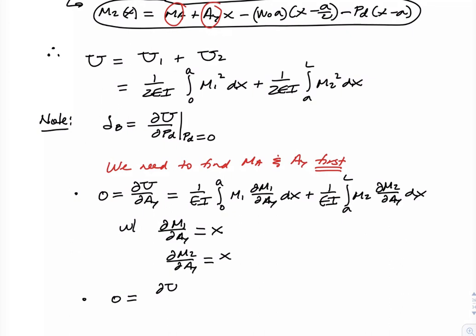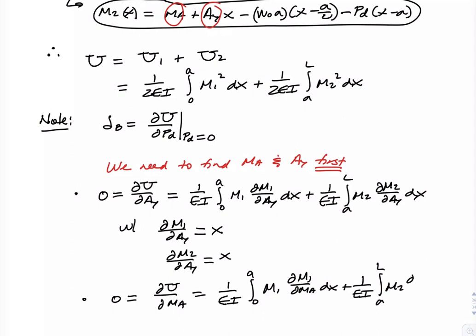The other equation is partial U with respect to MA. So that's 1 over EI integral from 0 to A of M1 partial M1 with respect to MA dx, plus 1 over EI integral from A to L of M2 partial M2 with respect to MA dx.